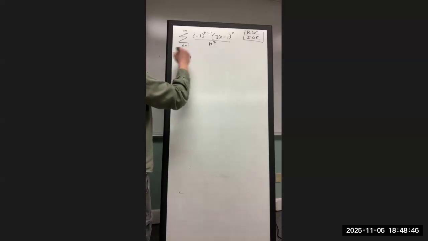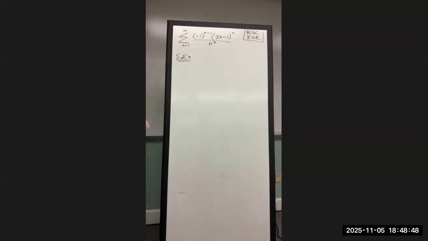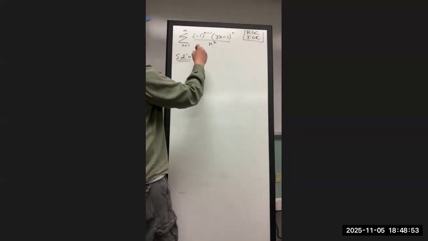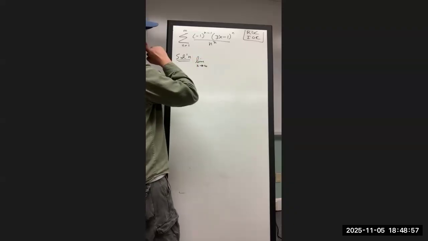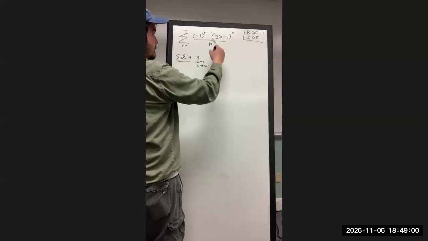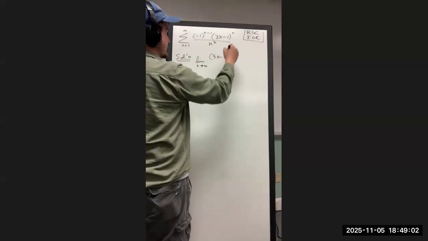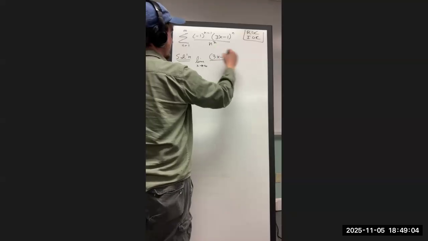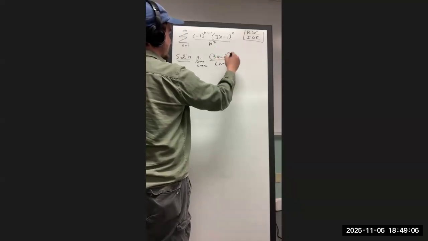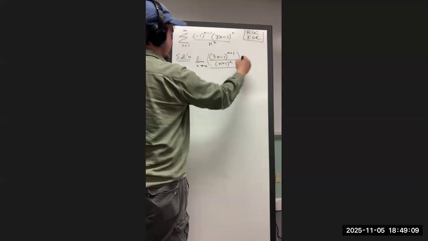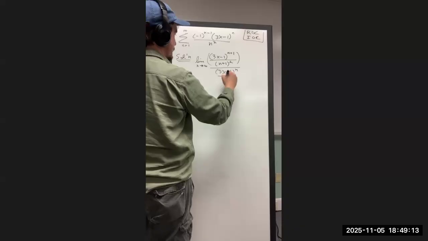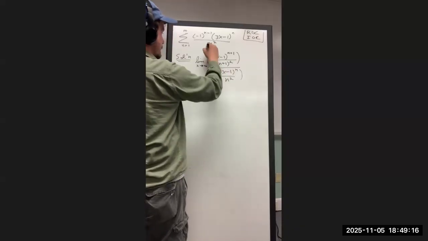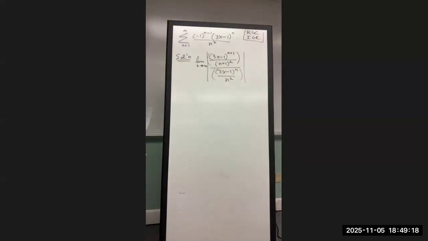To find the radius and the interval of convergence, we start by applying the ratio test to the series. So we're going to be looking at the limit as n goes to infinity of (3x - 1)^(n+1) over (n+1) squared, divided by (3x - 1)^n over n squared, and we're looking at the absolute values of these things.